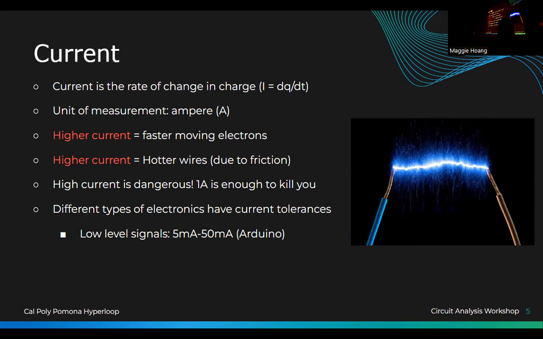And high current is like motors and solenoids, which take around 0.5 to 3 amps. The Raspberry Pi uses 3 amps to power up. So these are high-current devices, like a motor or your microwave.